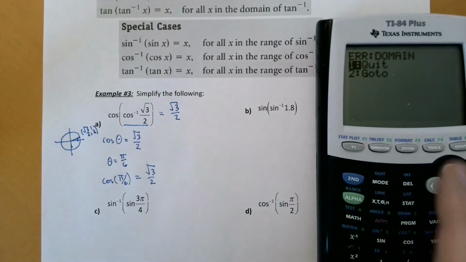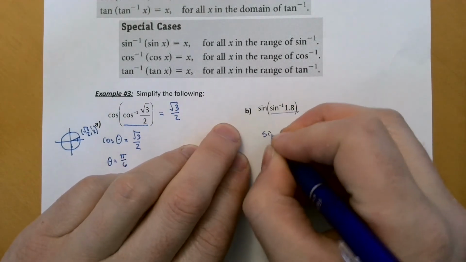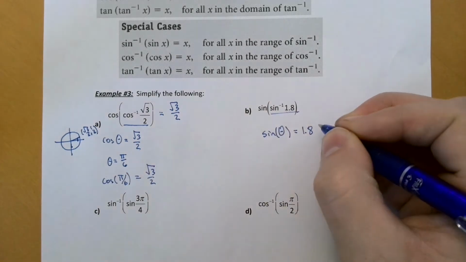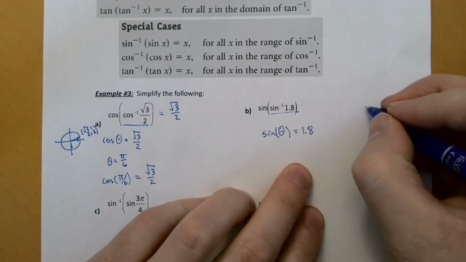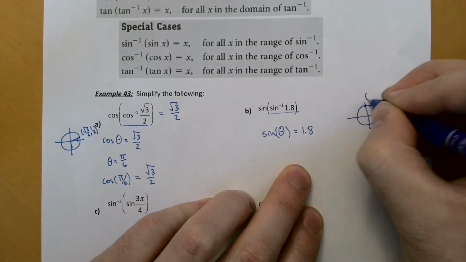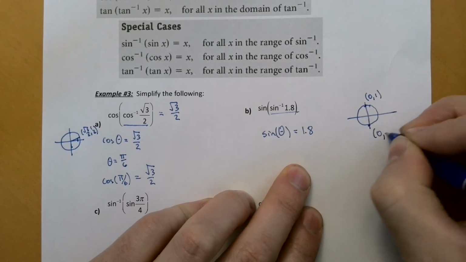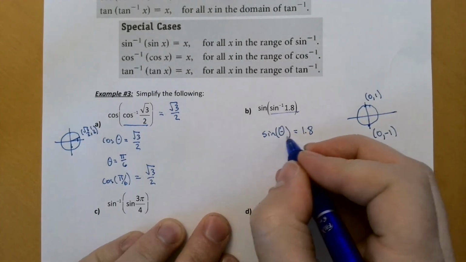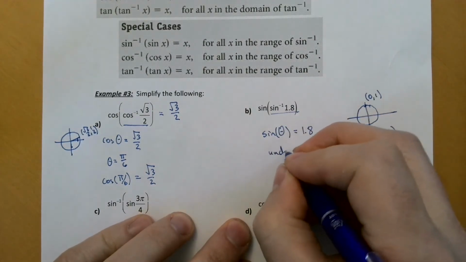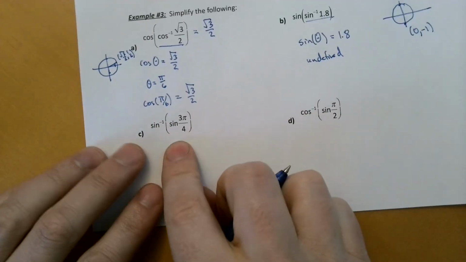Why? Recall that this is asking: sine of what angle theta equals 1.8? What are the possible values of sine theta? If I look at my unit circle, the largest value is 1 and the smallest value is negative 1. So 1.8 is not a possible value. It's undefined. Let's say that.